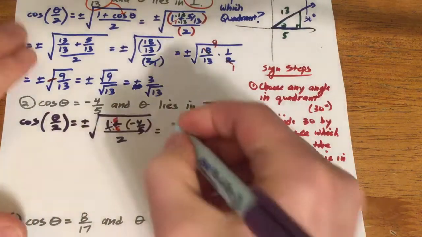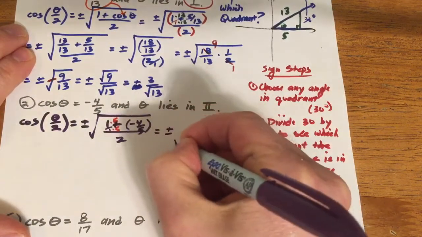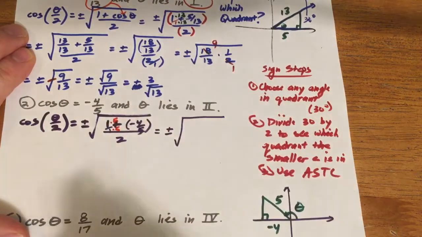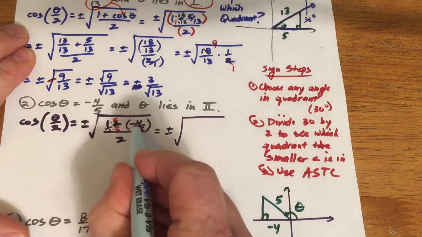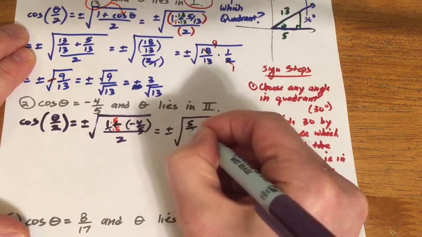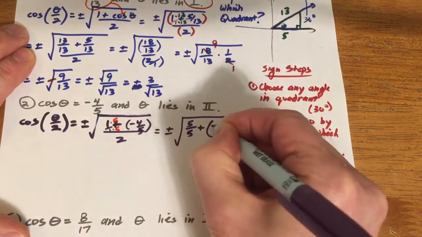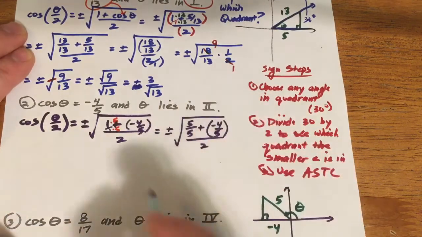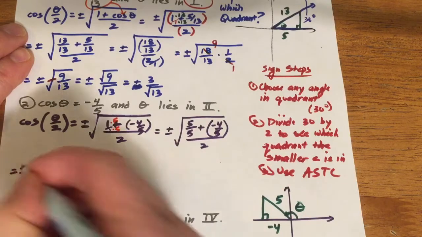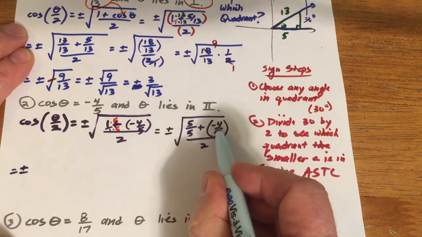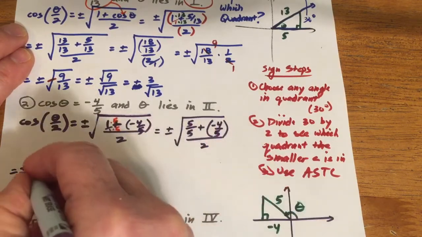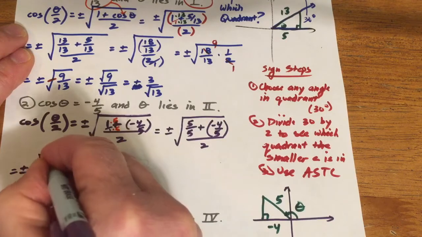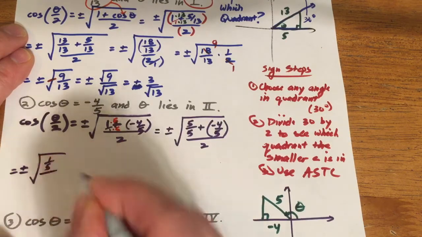So when we do that, it'll be the square root of 5 over 5 plus -4 over 5, all over 2. Next step, we're going to combine these together, so we're going to get 1 over 5 in the numerator, divided by 2.